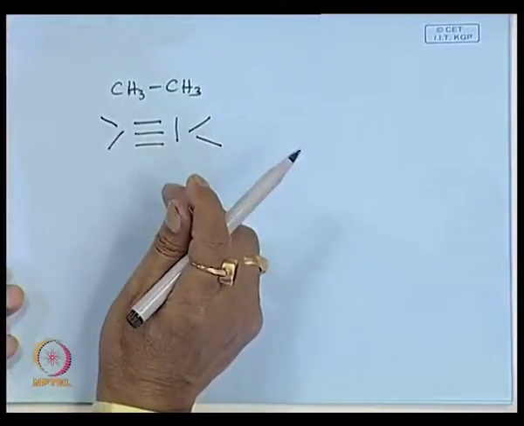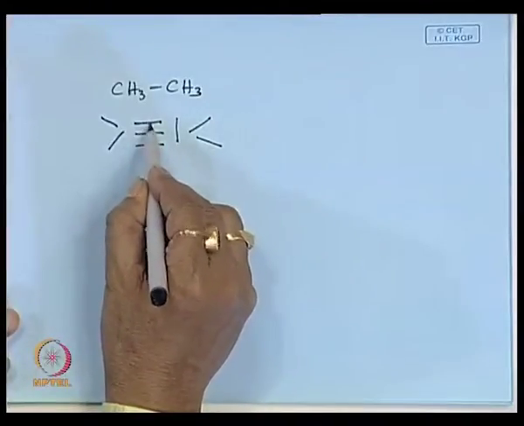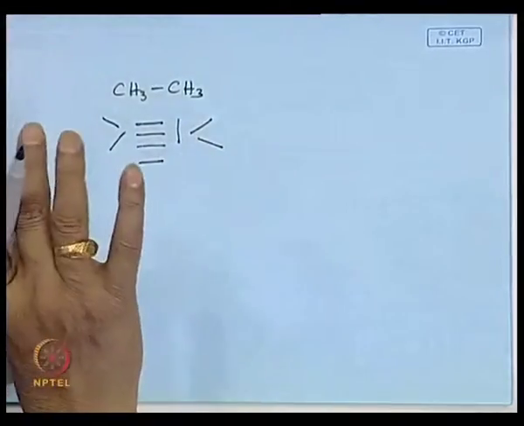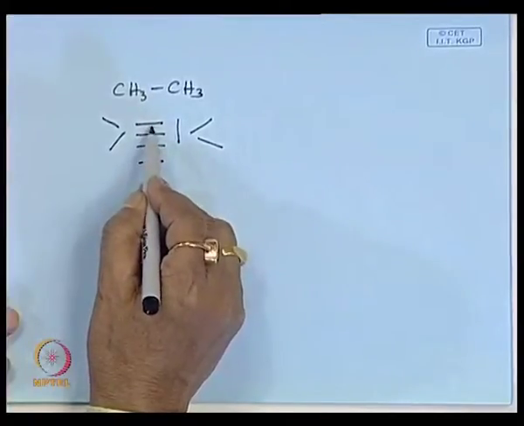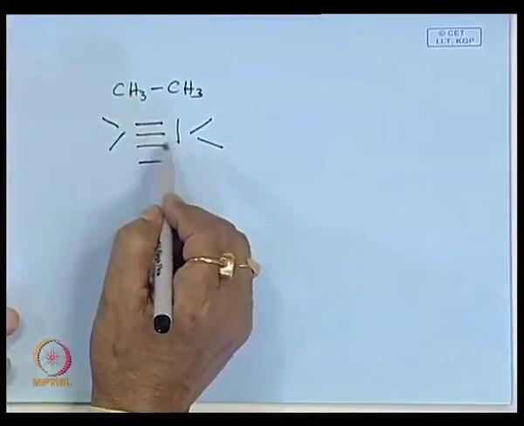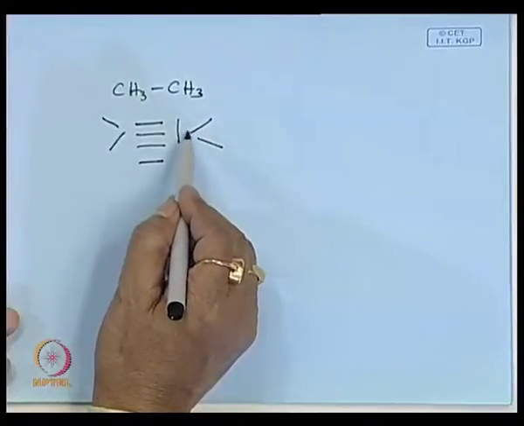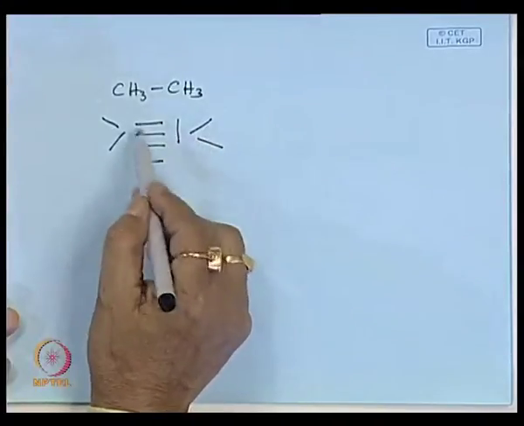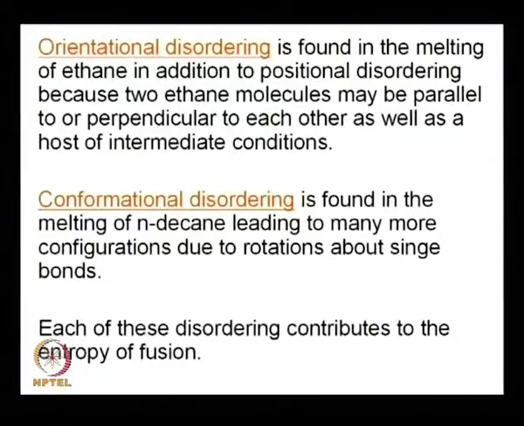So along with the positional change, meaning the molecule can move from one place to another, it can also orient itself either parallel or perpendicular to the original position, or form a certain angle to it. So we can have a large number of orientations when we consider the orientational disordering of this ethane molecule.